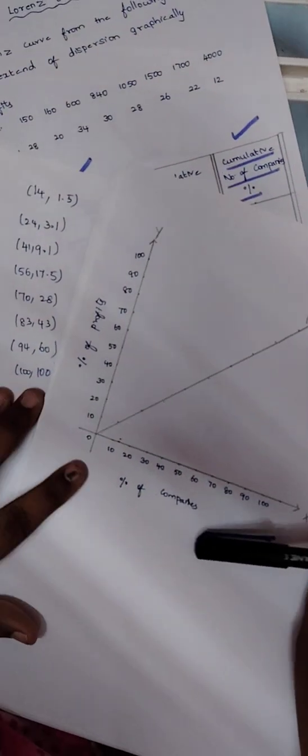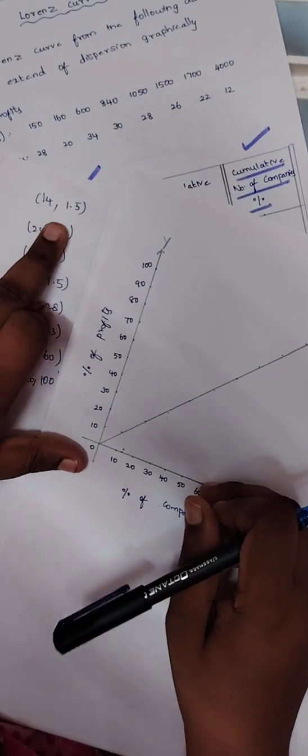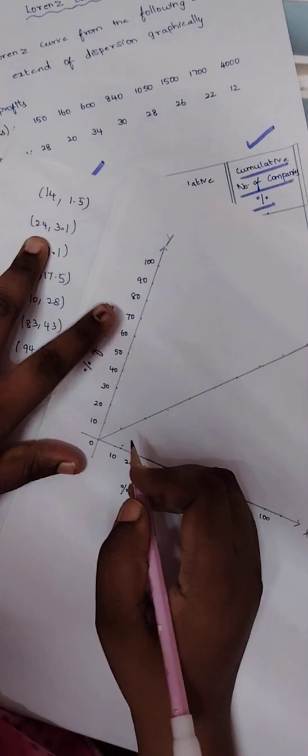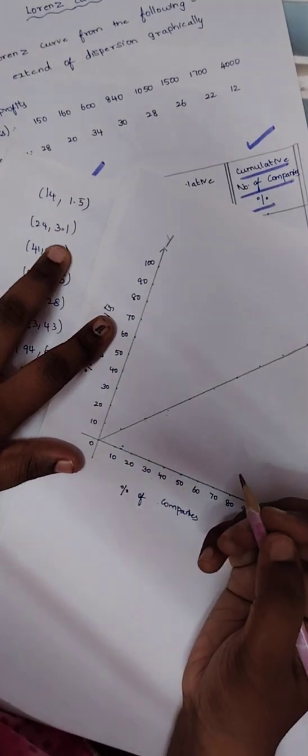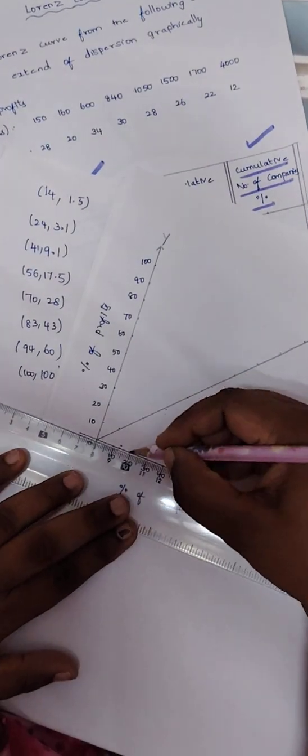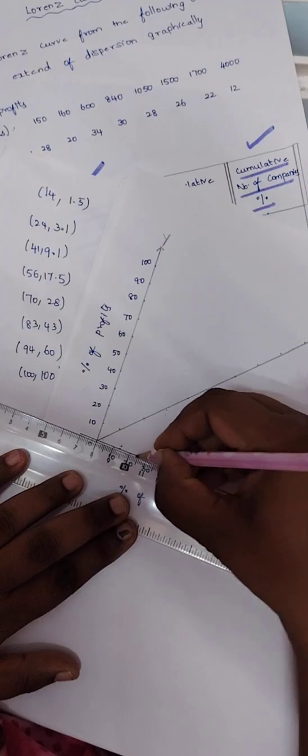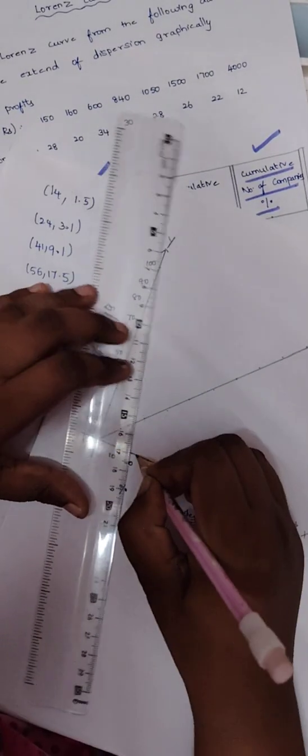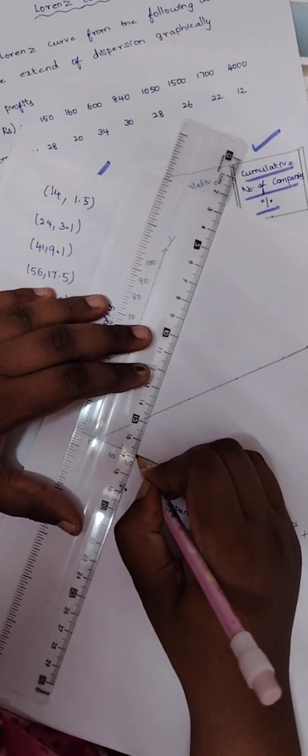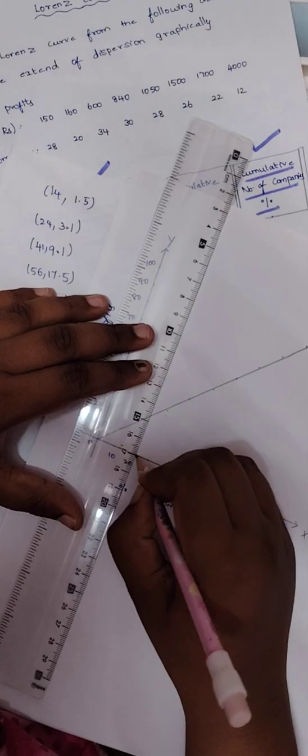So I have the graph here. The first point 14 comma 1.5 is here. The next value is 24 comma 3.1. This is 24, then 3.1 will be here.